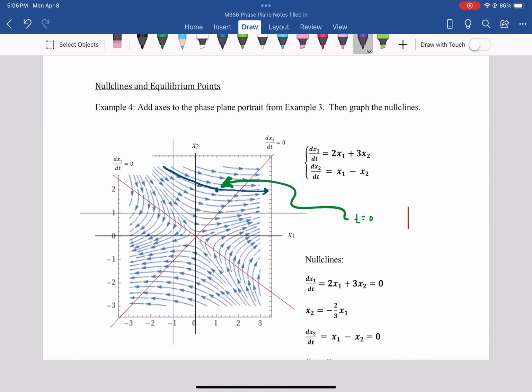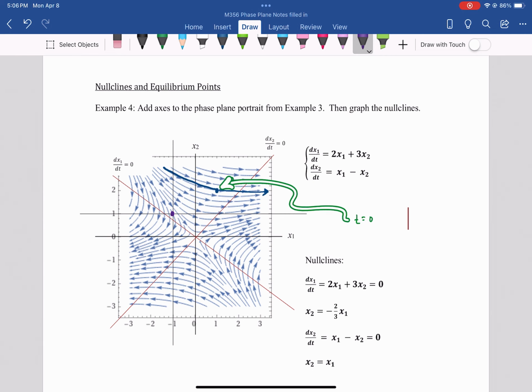So the initial condition point we're looking for is about right here, which means that the curve we're on must be this one.